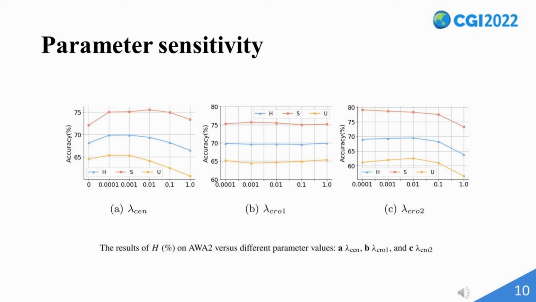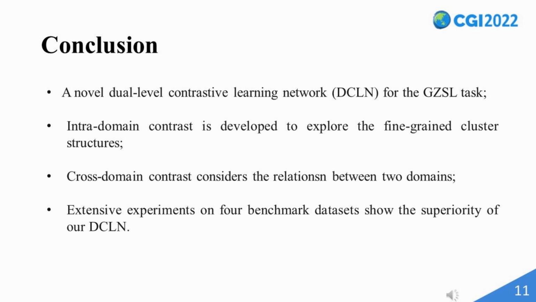Our model can achieve promising performance when weight of center prototype contrastive loss and unseen instance to seen prototype contrastive loss are within the proper range of 0.0001 to 0.01 and 0.0001 to 0.1, respectively.